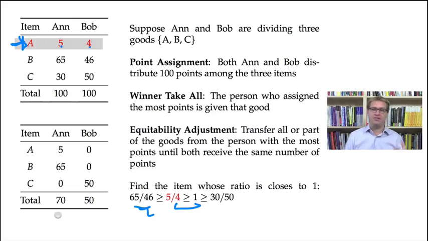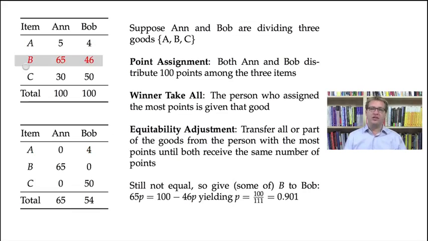until Ann and Bob have the same total number of points. Even if we transfer all of item A to Bob, the total points are not going to be equal. Transferring all of A to Bob gives Bob 4 more points, for an overall total of 54, and Ann loses 5 points, so her total now is 65. So we need to continue the equitability adjustments, and we have to transfer part of item B from Ann to Bob.